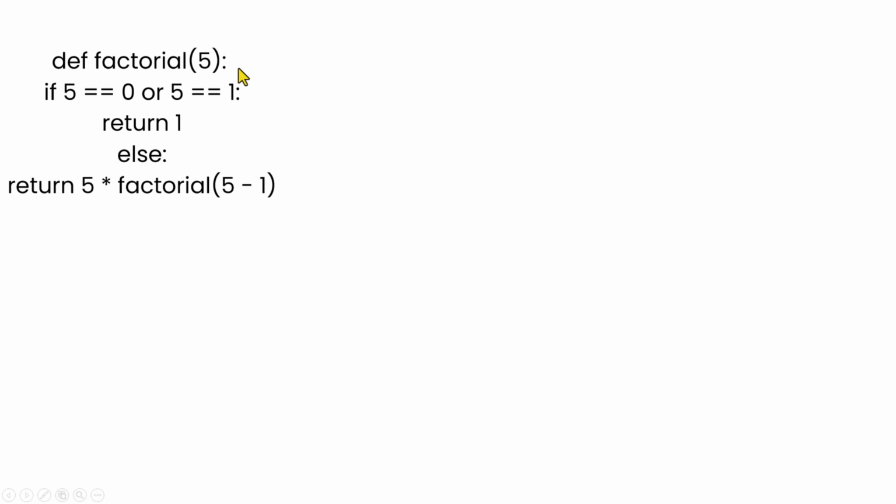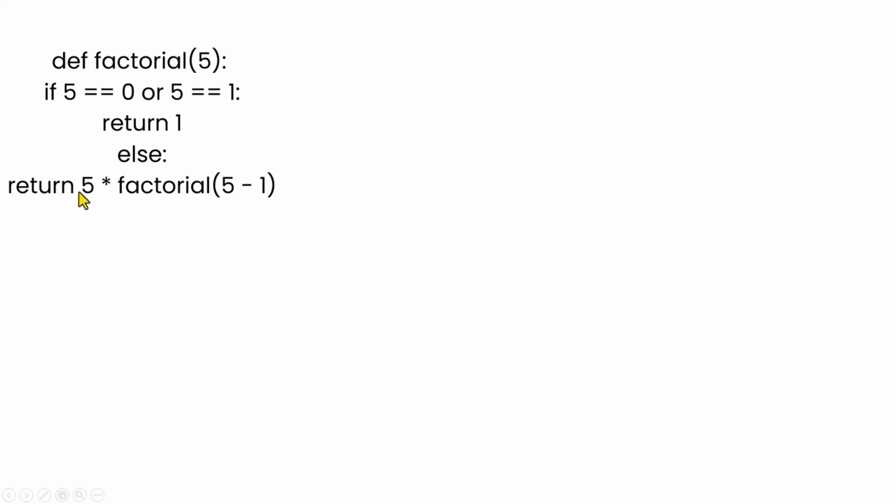When we call the function by passing 5, 5 will be sent and stored in n. First time it checks if 5 is equal to 0 or 5 is equal to 1. Both come out as false, and so this will be skipped and whatever is inside else will be executed.